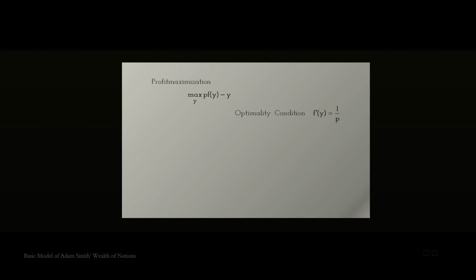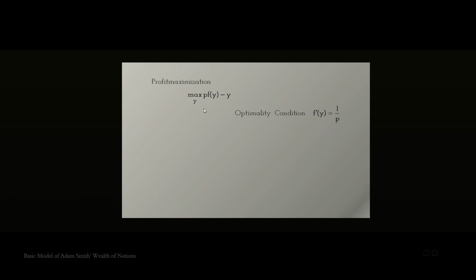We now check on the other side, so to say: we check on firms on profit maximization. We have a profit function: maximize output price times output f(y), less the cost of the input. We define the input factor price as 1, so it doesn't show here. Maximized by choice of y, the input quantity.